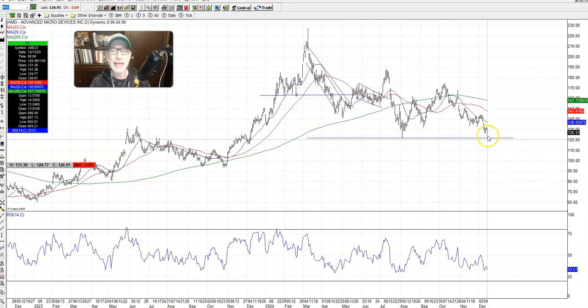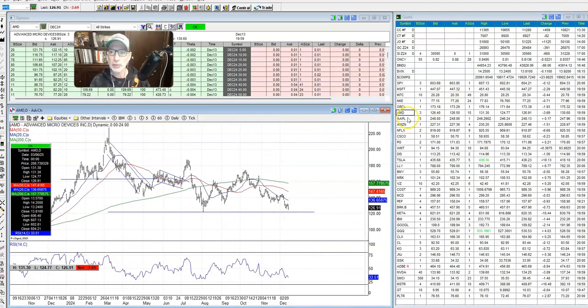I would not be buying anything unless it bounces hard off of here and then goes up. This thing could fall right through. Don't know yet. This is the last area of support because this is the last low that was made. So you want to keep this area in mind in the low 120s. I would not be buying AMD right now.